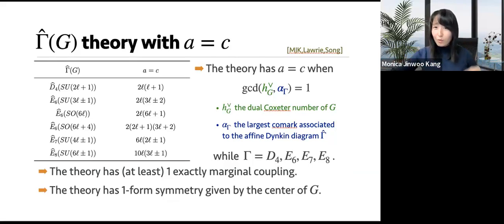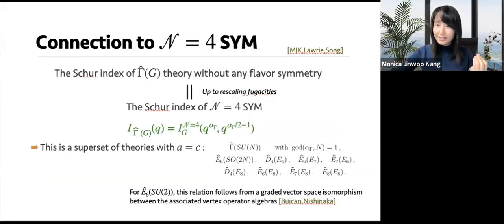One of the more striking things, because you're about N equals 4 super Yang-Mills connection, is that these theories that we construct have identical Schur index with N equals 4 super Yang-Mills upon rescaling fugacities, with the largest comark. In fact, this is true beyond just the A equals C theories, because there's a superset of theories including these.